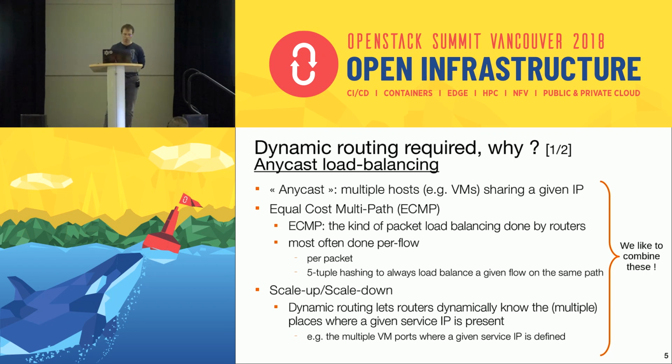So if you combine Anycast with load balancing, you can do interesting scale-up, scale-down. A given service IP can be advertised from multiple points, and the traffic to this destination will follow the events where you add or remove a VM serving a given service. So that's Anycast load balancing.